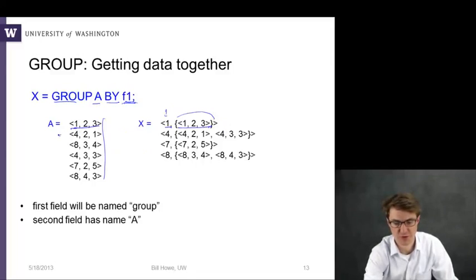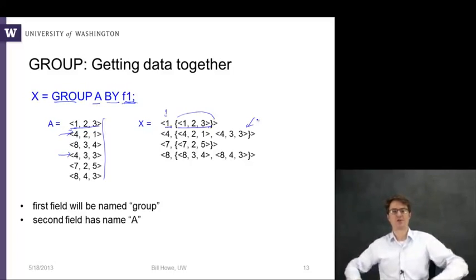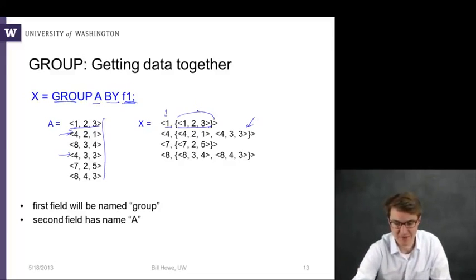There are 2 tuples with F1 equal to 4, so this bag has 2 tuples in it, and so on. This is how you can start off with a flat structure and build up a nested structure, and we'll see why. Another thing I don't love about Pig, because they do things implicitly rather than explicitly, is that every field ends up having to have a name, and the name of this field defaults to the name group.